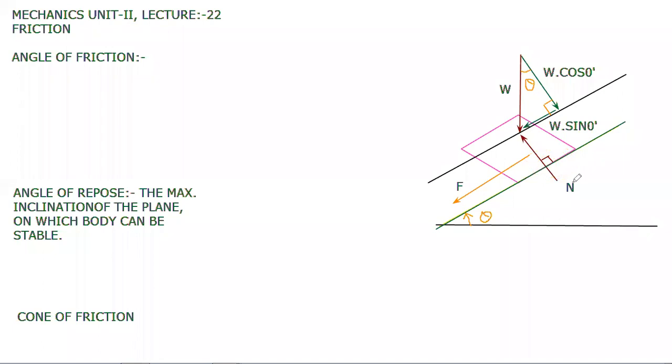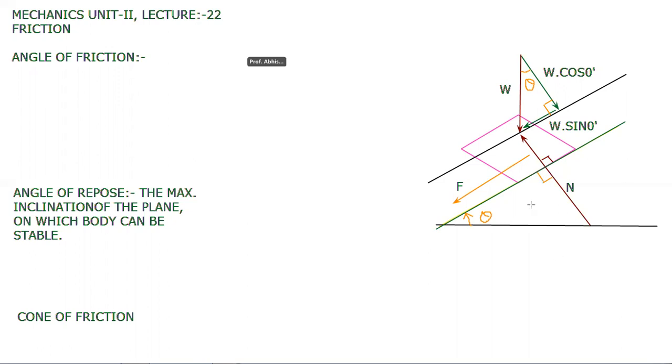So from this, we can write tan of theta. Now you can extend this line up to here, and one more triangle will get formed. This triangle has this angle as 90 degrees, and this angle is also 90 degrees.